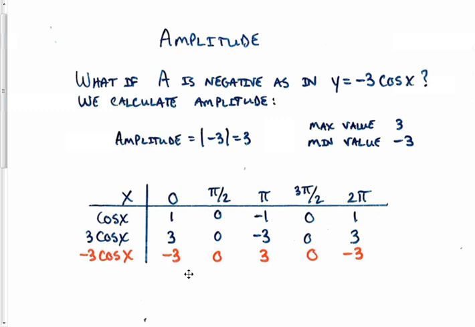So I get a -3. -3 times 1. -3 times 0 is still 0. -3 times -1 is +3. -3 times 0 is 0. -3 times 1 is -3. All we're doing is multiplying cosine x right here by a -3 to get these y values. And remember, these represent y values, and these are my x values.